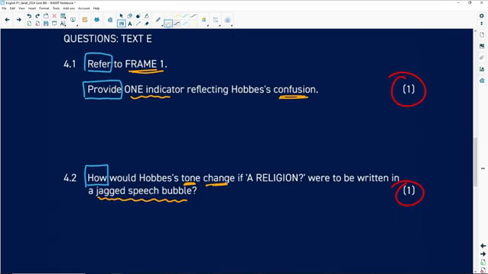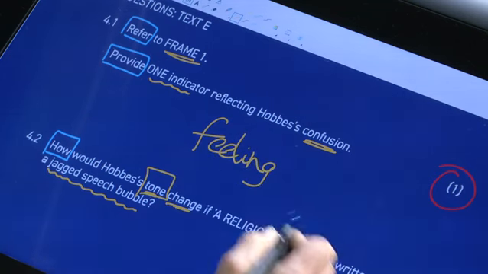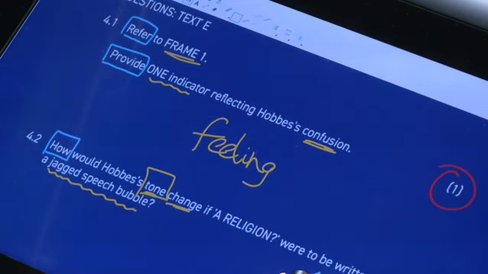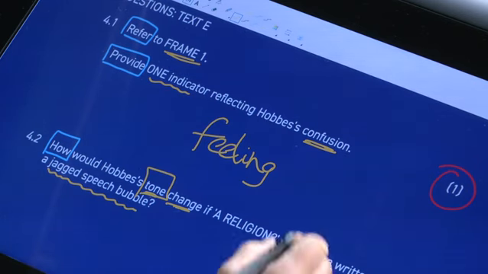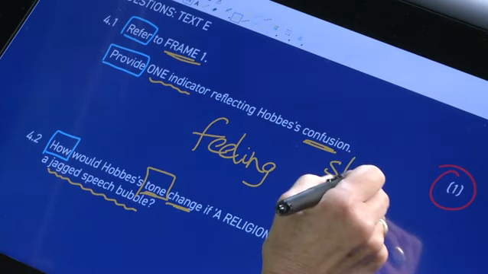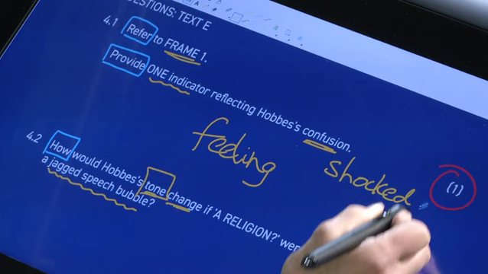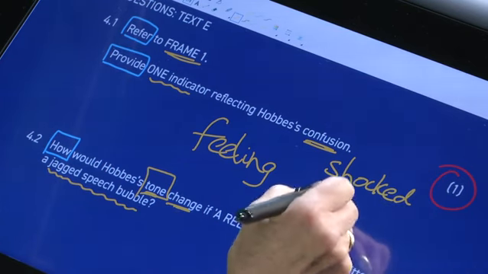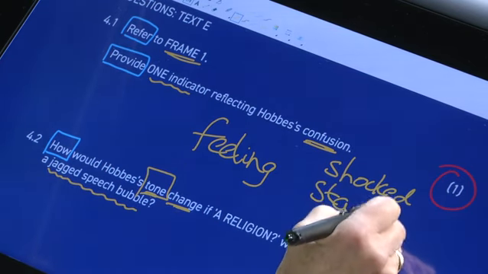And tone. Sorry, before I answer this, tone, such a difficult question. Remember, I am asking about what is Hobbes feeling, and you need to get it as accurate as you possibly can. I would suggest he would be shocked, a religion. He would be startled. What?